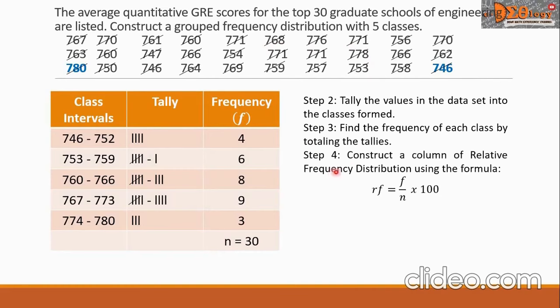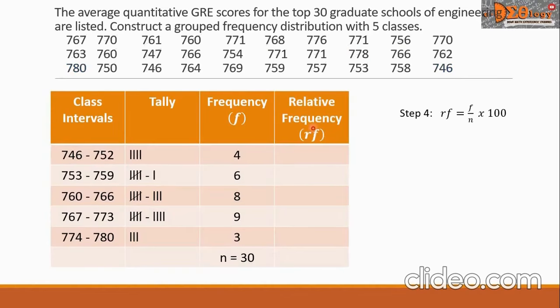For step 4, let us construct a column of relative frequency distribution using the formula Rf equals F over N times 100. So we need a column for the relative frequency, and our formula is here.